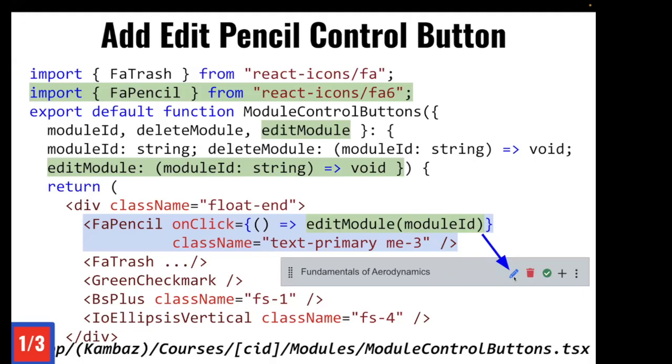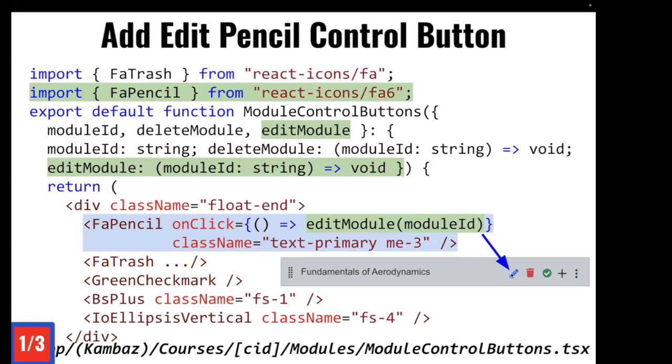So when we click on the button, we're going to turn on a flag saying, hey, we're editing this particular module, and it's going to replace this with an input field that allows us to edit it. And then when we press enter, it's going to take the new value, set it, and then re-render, and then remove the input field.